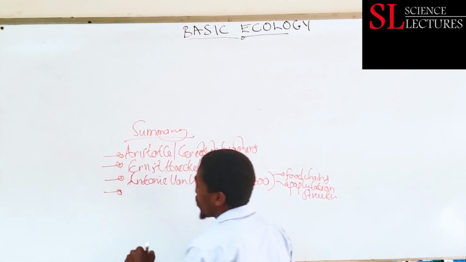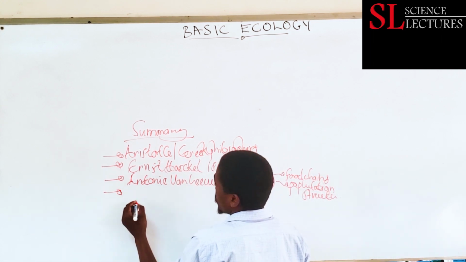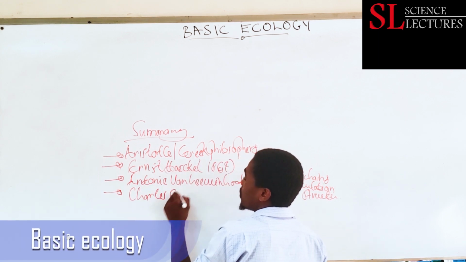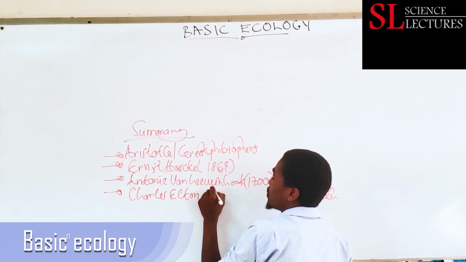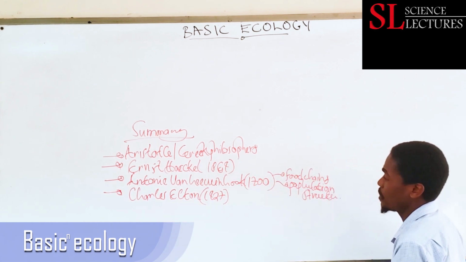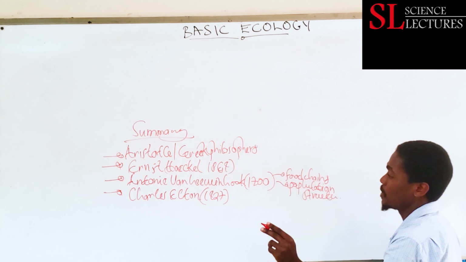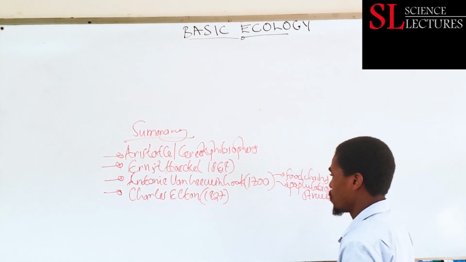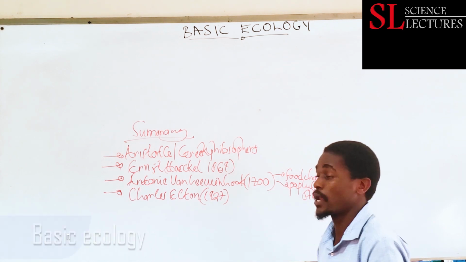There was the emergence of another scientist in 1927, and this scientist is Charles Elton. He defines ecology as simply the study of plants and animals in relation to their habits and habitats.